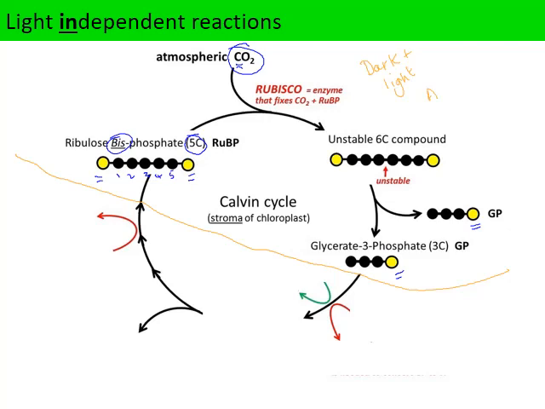It does not require ATP or reduced NADP. So it does not require these from the light dependent stage. So even in the dark, rubisco can fix CO2 with ribulose bisphosphate to form 2 molecules of G3P.